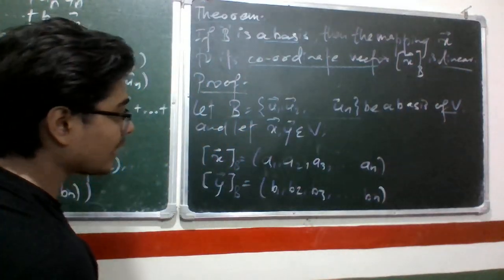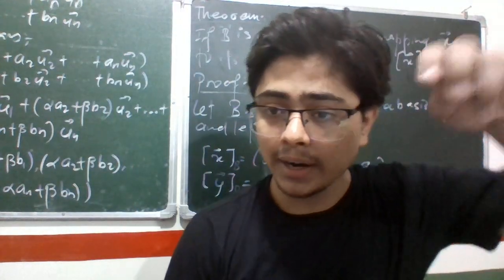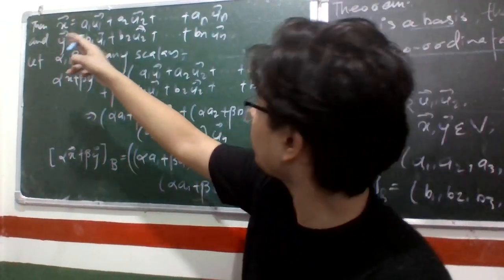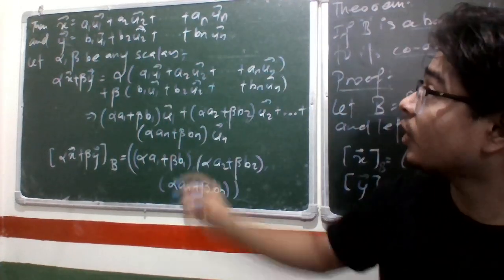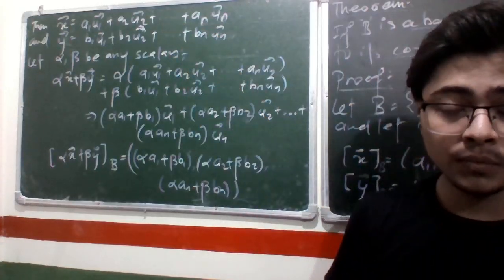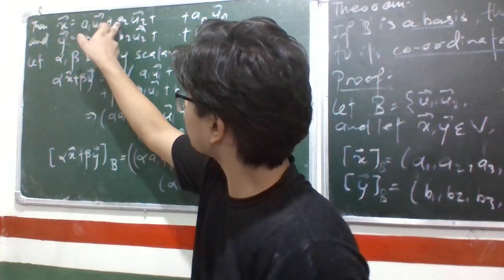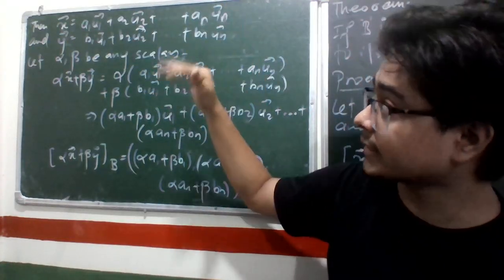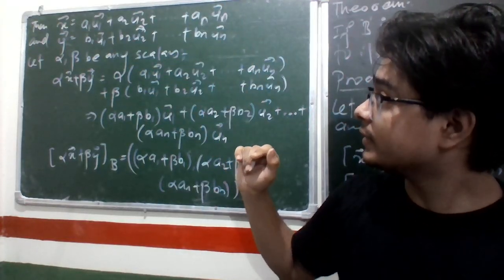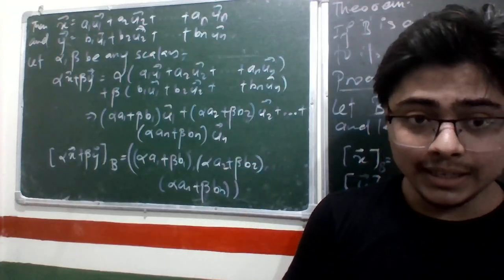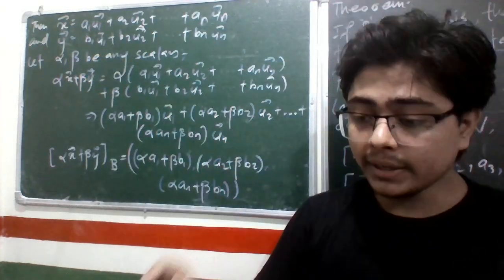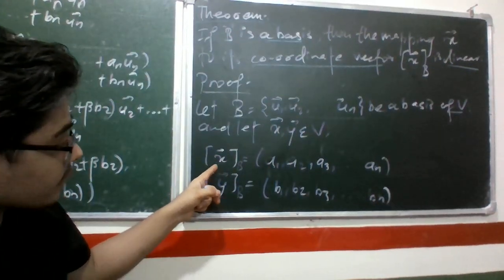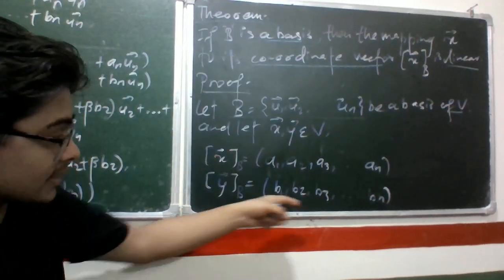That means we can write x and y as a linear combination of these basis vectors with different constant coefficients attached to both vectors. Then we can write down the coordinate vectors of x and y like this.